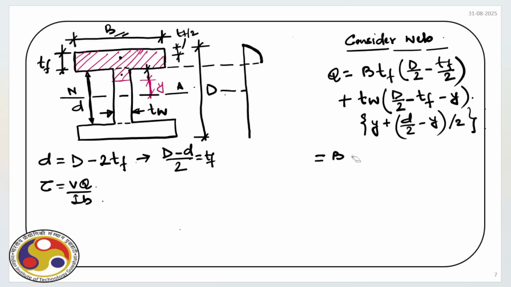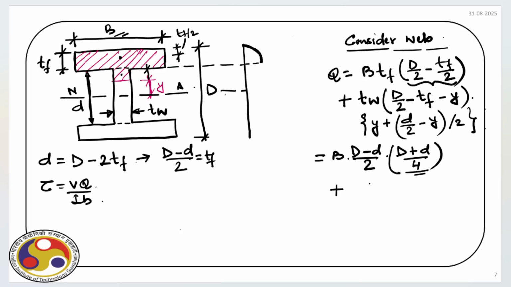So in place of tf, let us write capital D minus small d by 2 times we have capital D plus small d by 4. So we simplify this expression, and in place of that we write this expression. It's a very simple exercise, you can easily check it out.